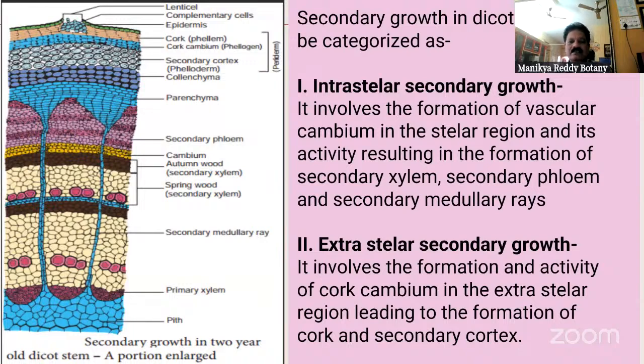In the later stages, extrastellar secondary growth is seen. Extra means outside the stele. Because of the intrastellar secondary growth, the central column, that is the size of the stele, increases, because of the formation of secondary xylem, secondary phloem and secondary medullary rays.